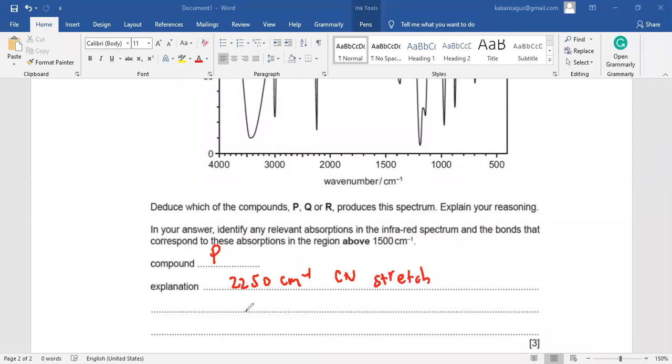And then we also have an absorption at 3100 to 3700 cm minus 1, and this one comes from the OH functional group. All right, so also the OH stretch.